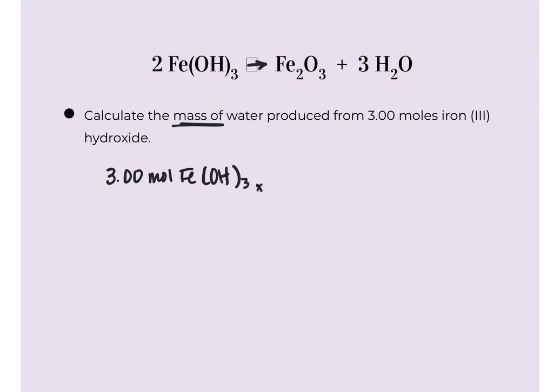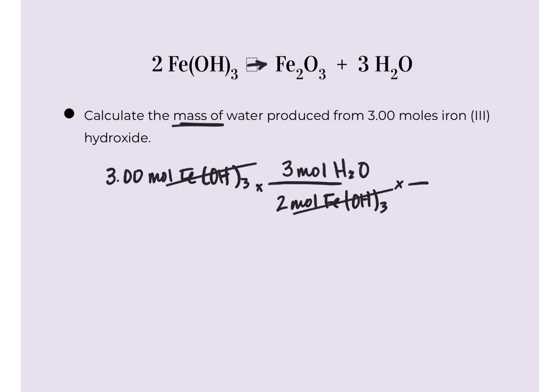We convert the 3 moles of iron hydroxide using the mole ratio. This is no different than what we did on the previous slide. Moles of iron hydroxide cross out. And now, because I'm interested in the mass of water, I'm going to go from moles of water to grams of water. So this is where we see molar mass.